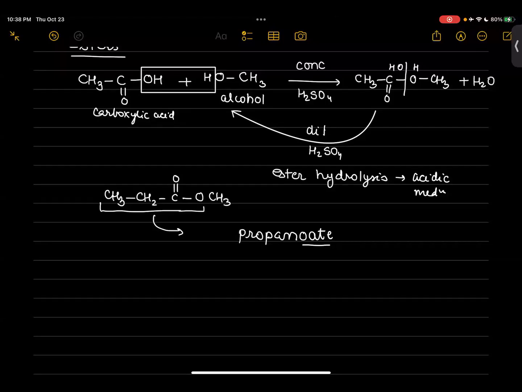But that methyl is still missing. That is not part of the main chain, it is put in the front. It is a substituent. Methyl propanoate. Is it clear or not?